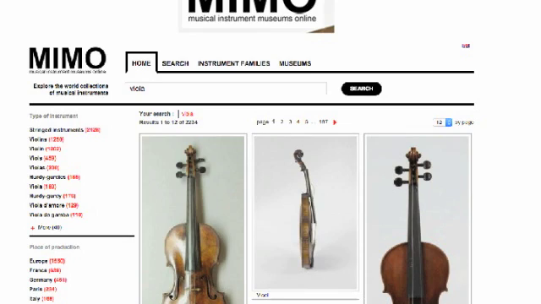So I typed in the search term viola and was led to 2,234 results that include examples of different violas and other stringed instruments that are related to the viola. So, I don't know, compared with Europeana, MIMO seems a little bit more manageable. It's more focused on a theme, and so a little bit more user-friendly by virtue of its narrow scope.